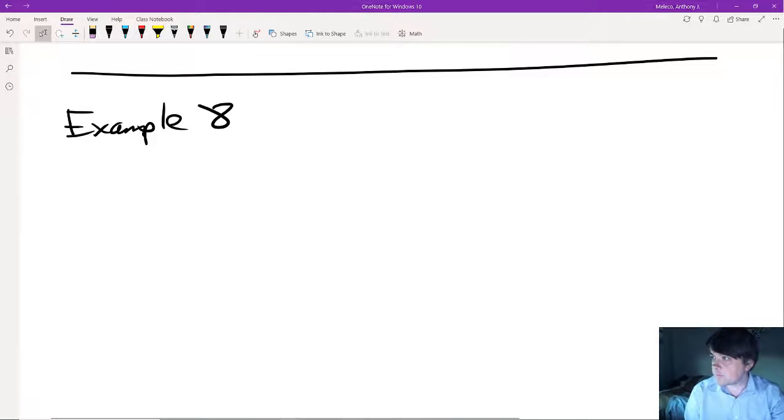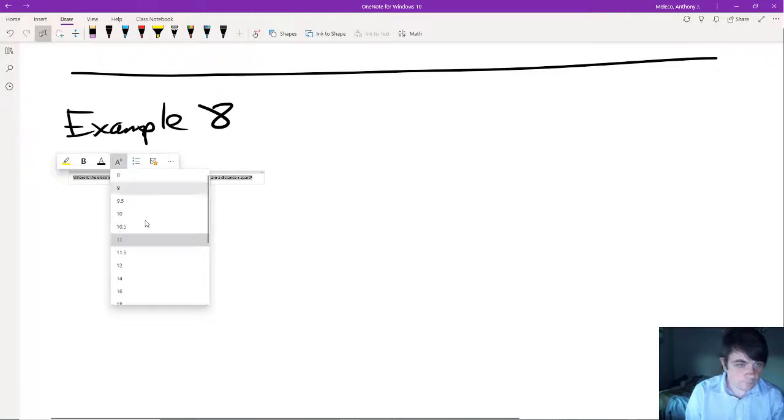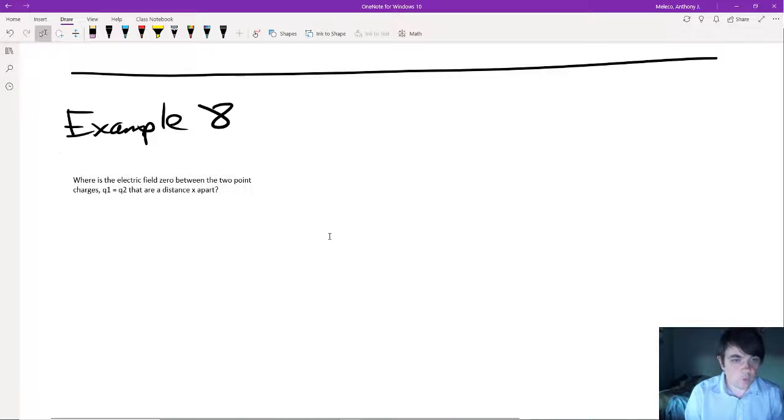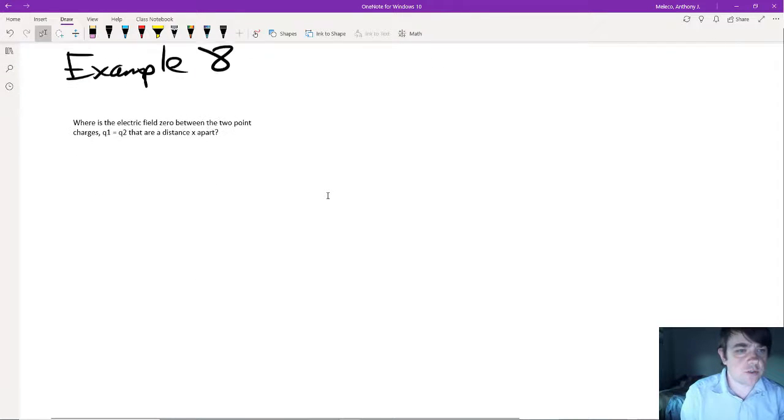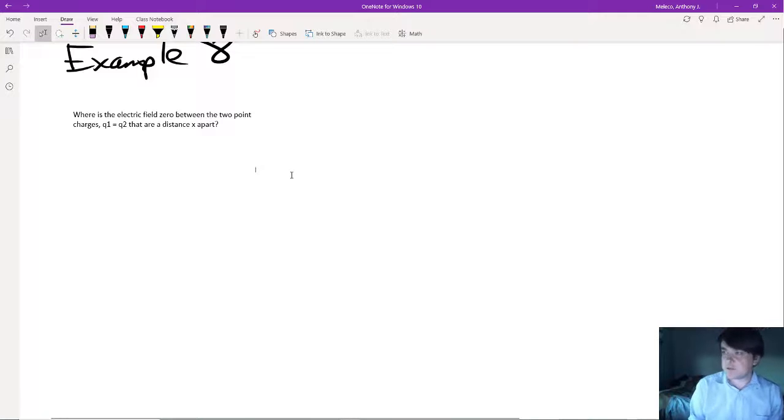Here it is. Here's the final example. What is the electric field between the two point charges Q1 equals 2Q that are a distance x apart? So this is kind of a fun problem I usually like to do.